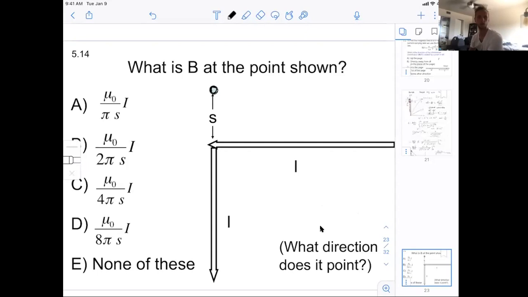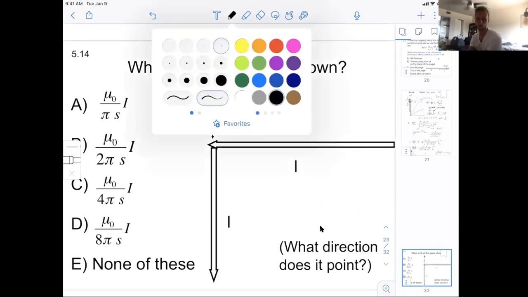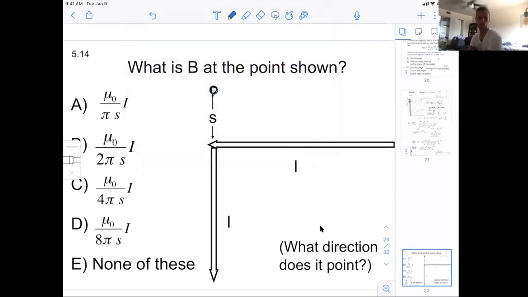All right, so I'm going to draw another situation to see if you think it's going to be equivalent. If this wire did not bend, if this wire simply just kept going like this, do you think these two will have the same result or different?